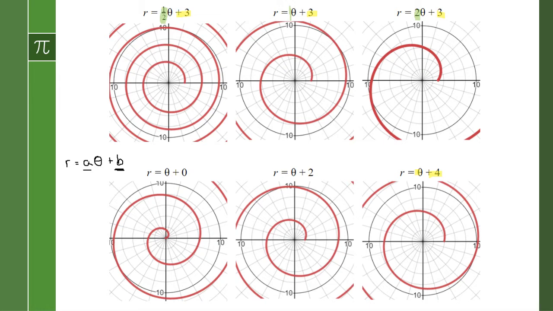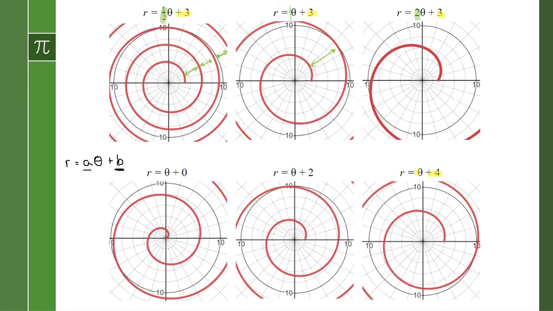And what I observe is that it has to do with the width or the tightness of the spiral. When I have 1/2 theta, this is a very tight spiral. You can see lots of coils all pretty close to each other, and the distance between one curve and the next is pretty small. When I have 1 theta, the distance between one curve and the next is a lot bigger.